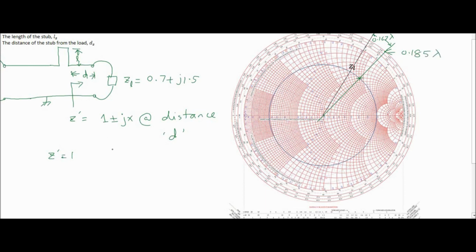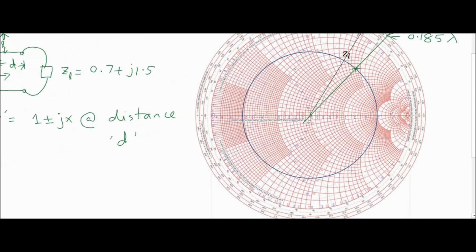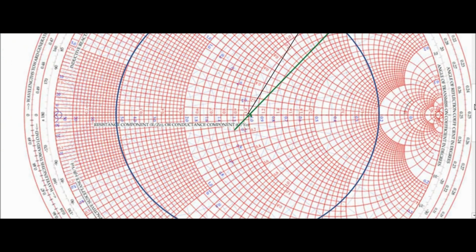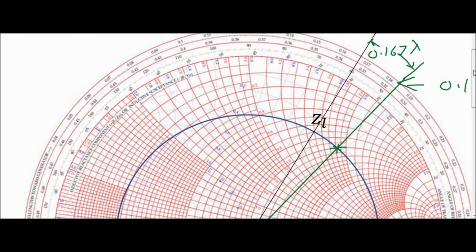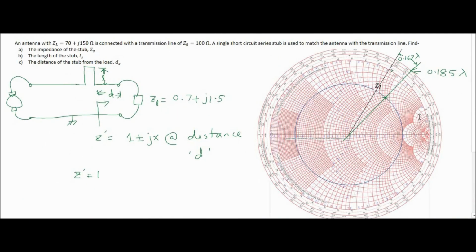Now the value for x: if you go here and expand this, x will be 1.8. So you can write 1 plus j of 1.8.